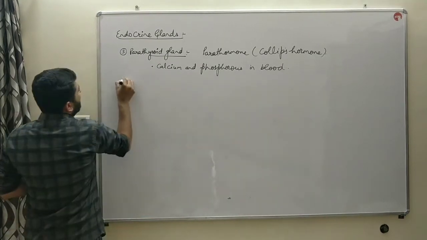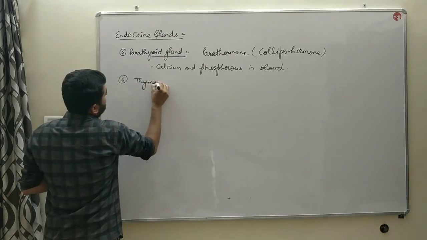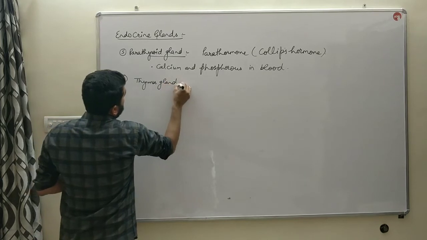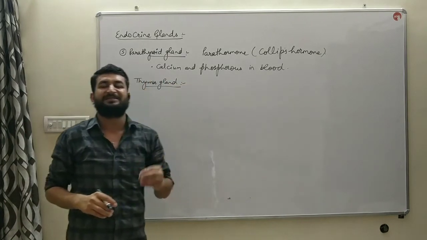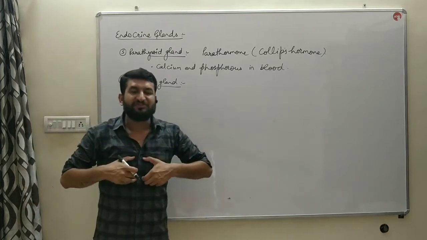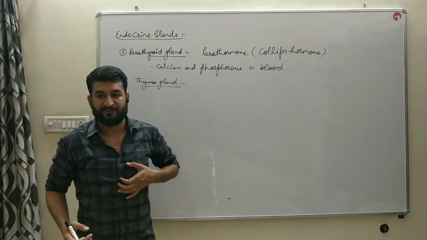The next gland which we have to discuss is the thymus gland. This gland is a pinkish lobular gland present in the chest region near the heart.